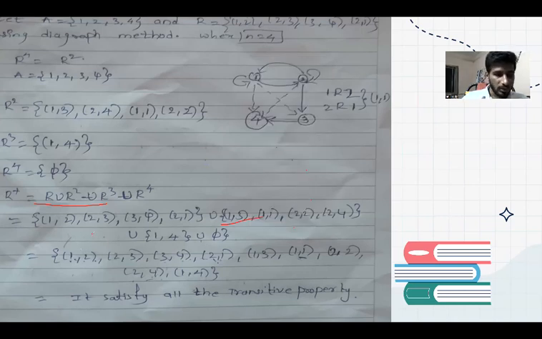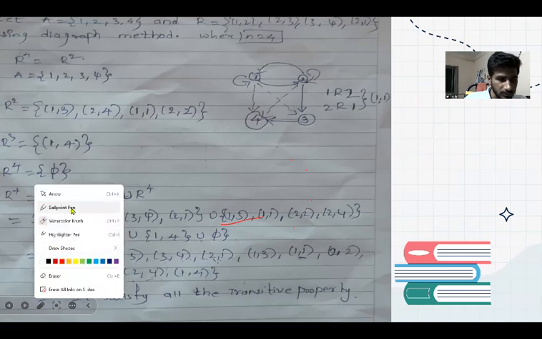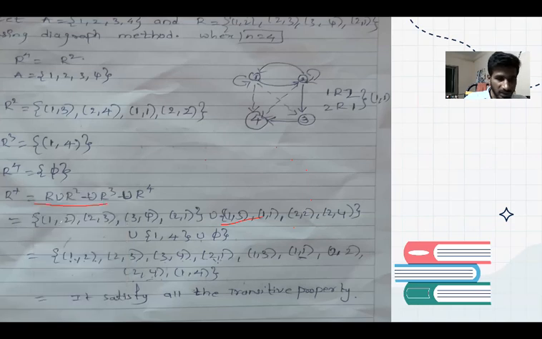So when we union this, it becomes like this. Here (1, 2), and (2, 4) becomes (1, 4), (1, 2) and (2, 1) becomes (1, 1). Like this we can represent this function.